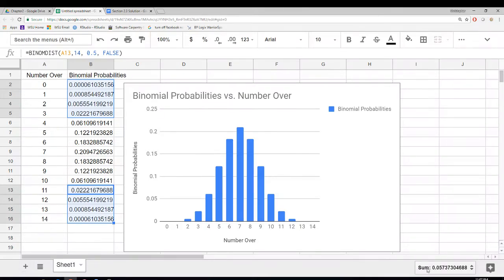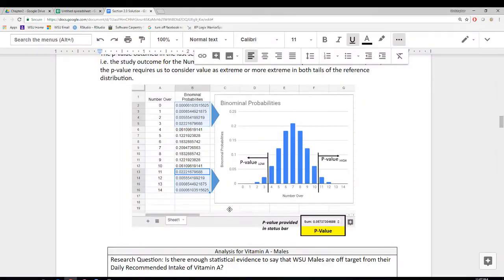Down here in the lower right-hand corner, in Google Spreadsheets, and Excel has the same thing, the status bar actually computes the sum of everything that I have highlighted. And that p-value is 0.0574. So that has done the calculations for me, so I don't have to worry about doing those.